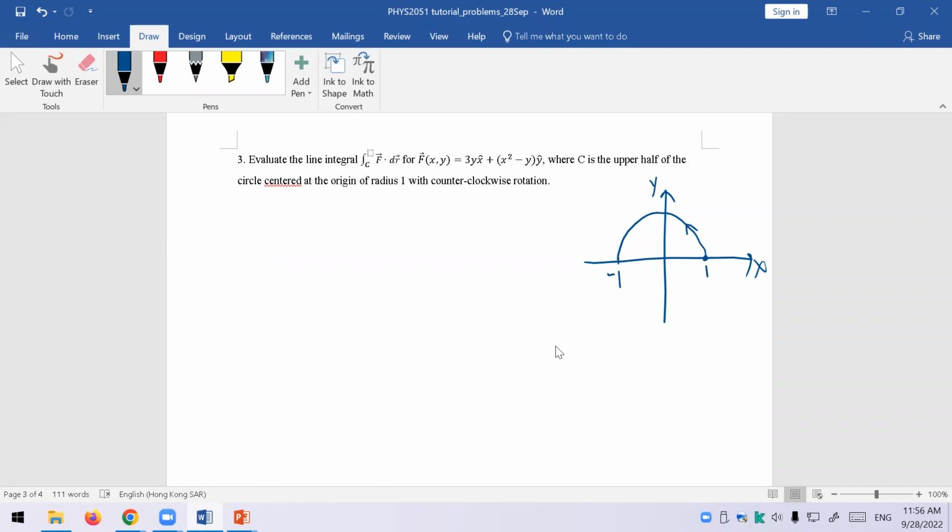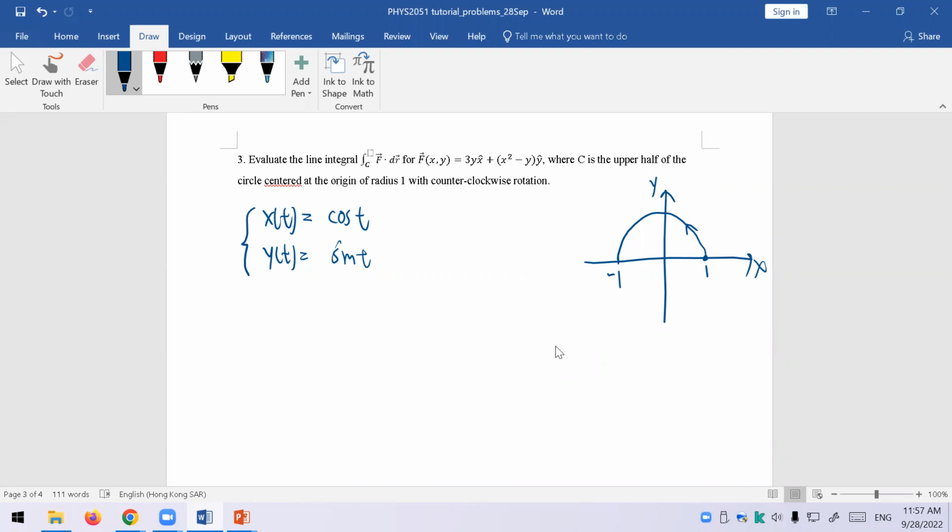So as I said, when we have a circle, then we write down this. Because the radius is 1, so just 1 times cosine t and then 1 times sine t. Right, so that's it.